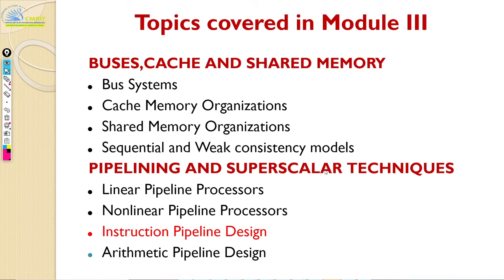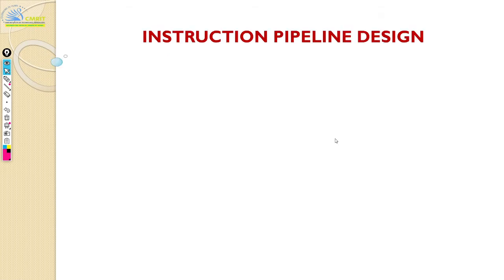Now let us look at the instruction pipeline design. We will focus on how the instructions are pipelined, more on the instruction part, how they are going to be issued and so on. So in today's class, your instruction has several phases. That's the entire idea about pipelining.